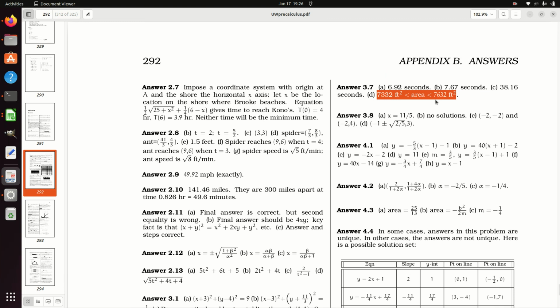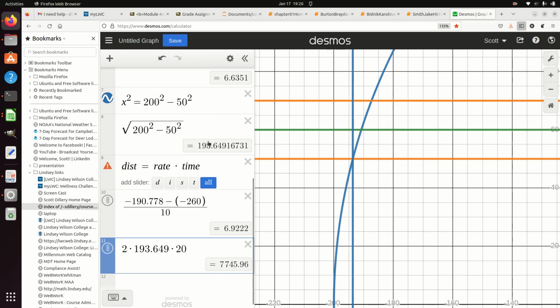7, 6. I don't know where they are getting their numbers. I think these are all wrong. Again, I can tell you exactly where this one is from. Let's go back.